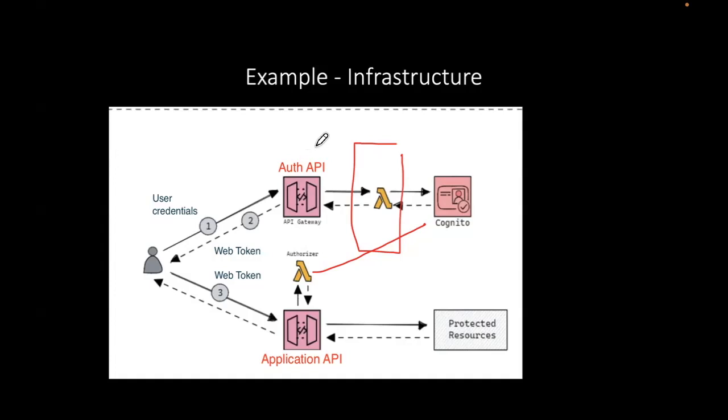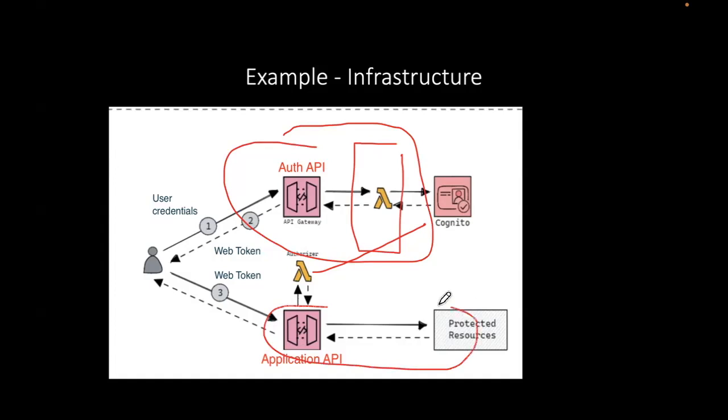So wouldn't it be a good idea maybe to put all of this into an L2 construct and maybe put all of this into a separate L2 construct? I guess this guy would probably be in this construct over here. But either way, we can break our overall stack into custom constructs.